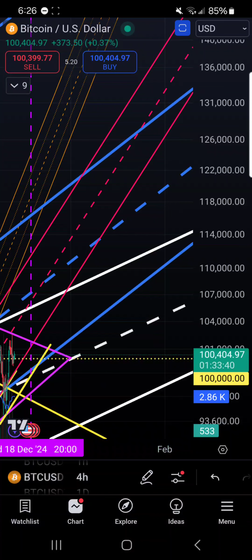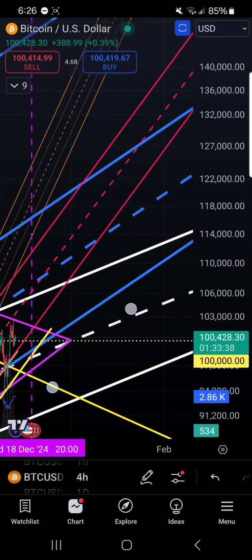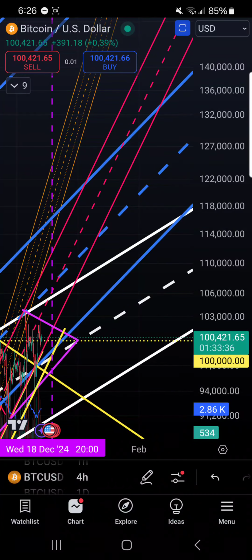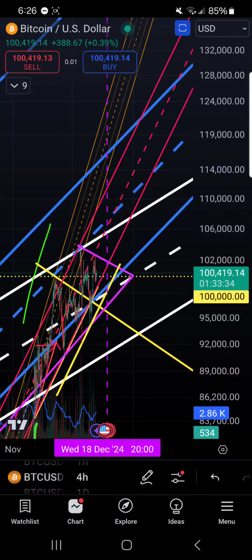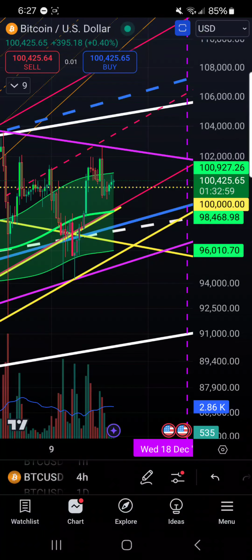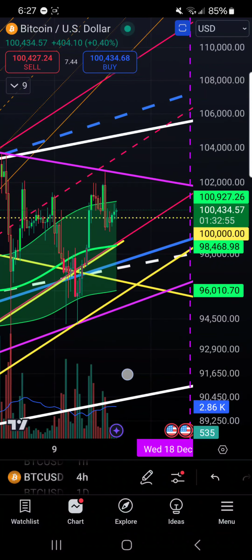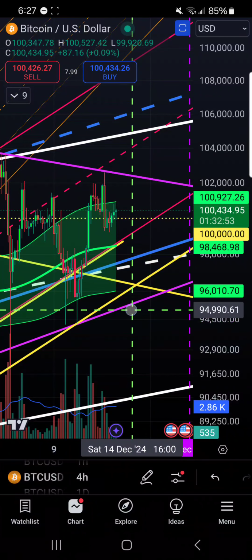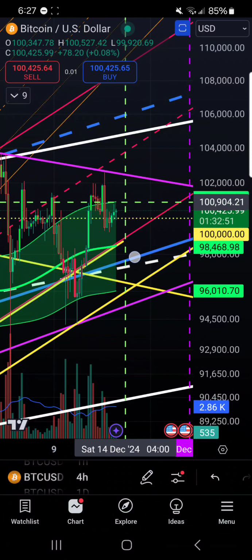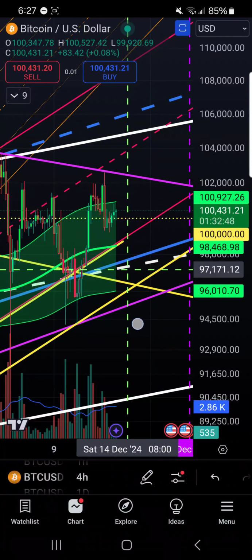Now, what also lines up with that is I want to look at the Gaussian channel. Now we have the Gaussian channel turned on and we are on the 4-hour chart. And I just noticed it's starting to turn slightly upwards.